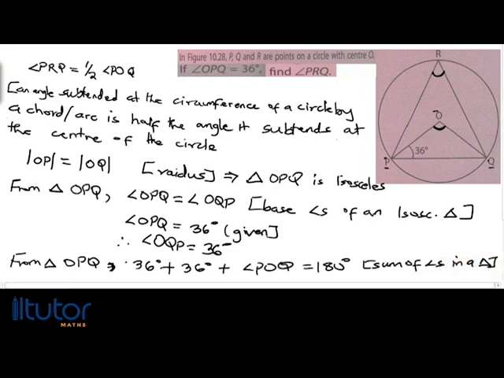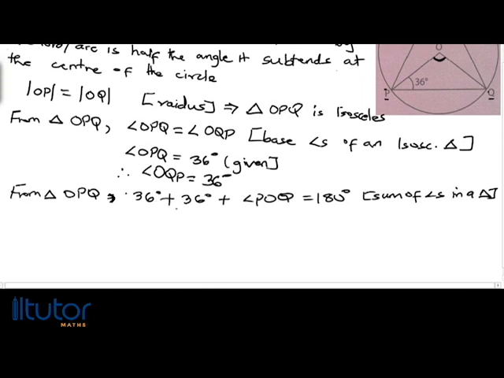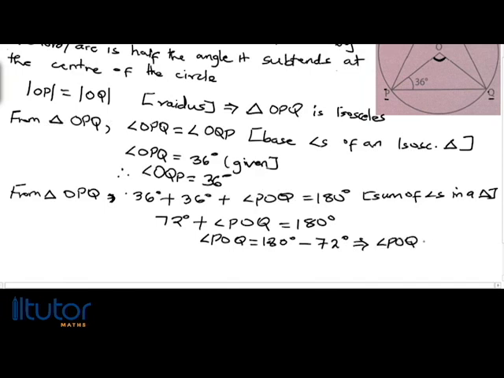So 36 degrees plus 36 degrees gives us 72 degrees plus angle POQ equals 180 degrees. So angle POQ is equal to 180 degrees minus 72 degrees, which gives us 108 degrees.